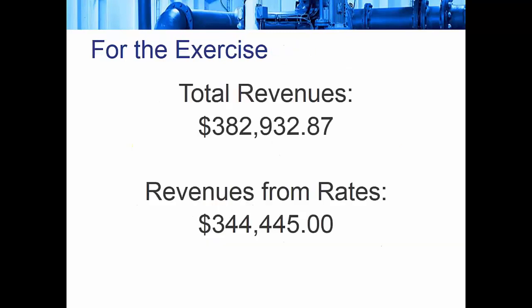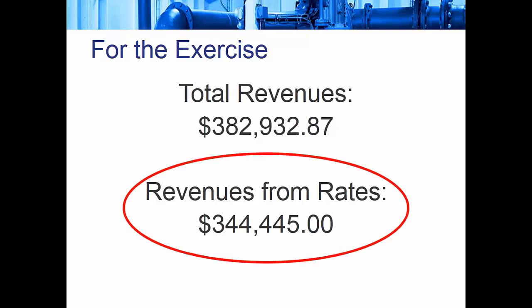The other $40,000 in total revenue is coming from connection fees, penalties, I think there was a grant in there, so other sources. But for the sake of this exercise, our target number is $344,445. That is how much money this water system needs to raise through its rates.